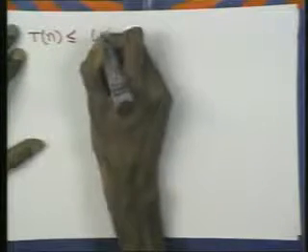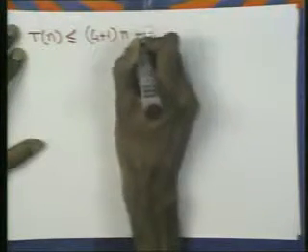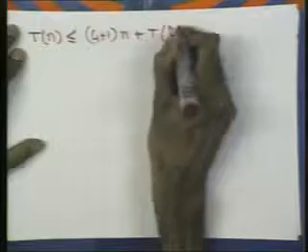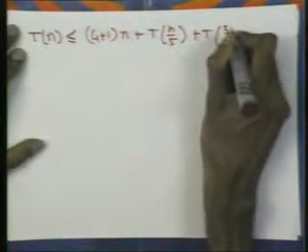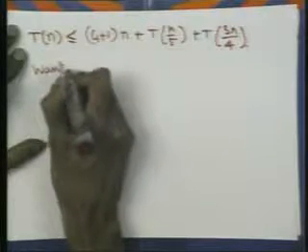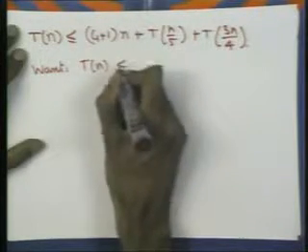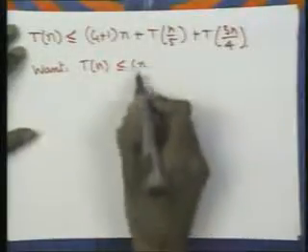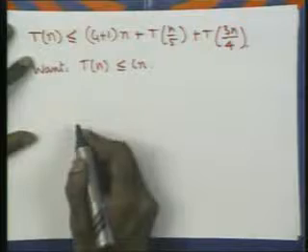I know T(n) is less than or equal to (C1 plus 1) n plus T(n by 5) plus T(3n by 4), and I want T(n) to be less than or equal to Cn. I want to find the right constant C. So let's plug this into the original thing.